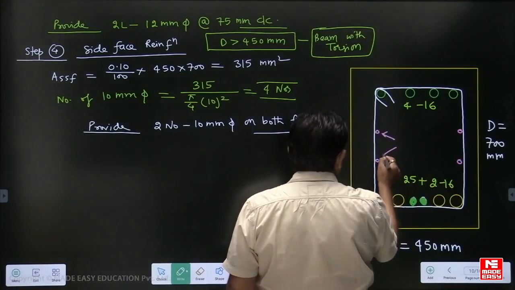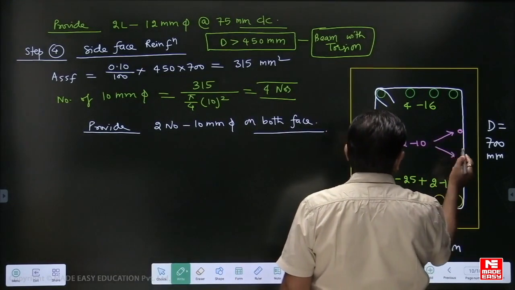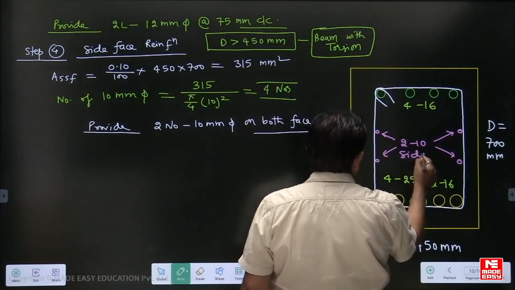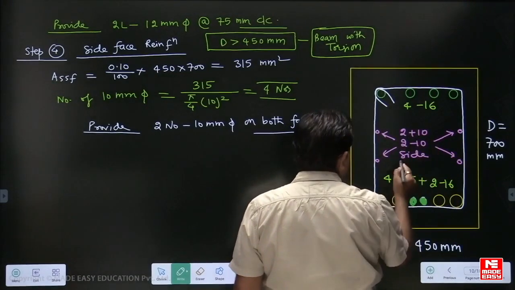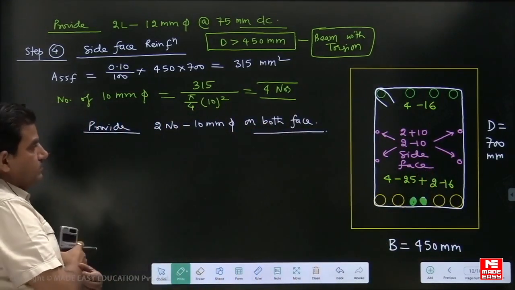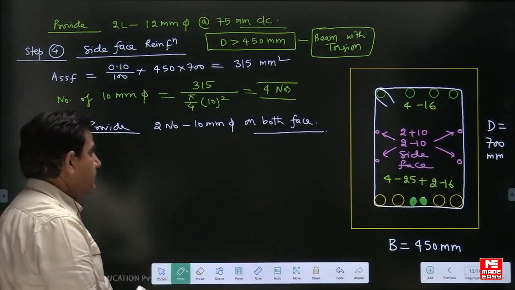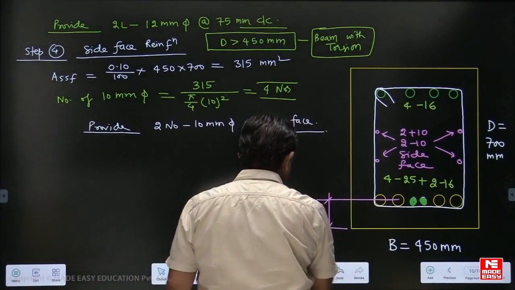These are 2 number of 10 mm dia, here also 2 number of 10 mm dia. These are side face reinforcement, 2-10 plus 2-10, 4-10 actually. So this is your beam, and the effective cover on both sides is 50 mm.